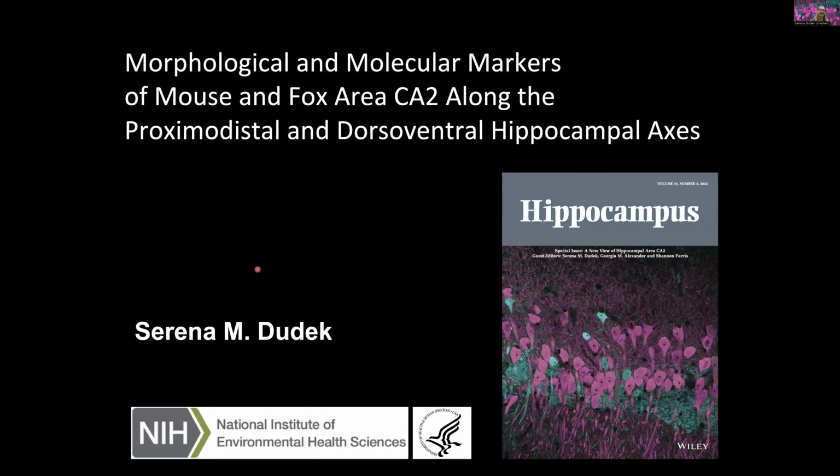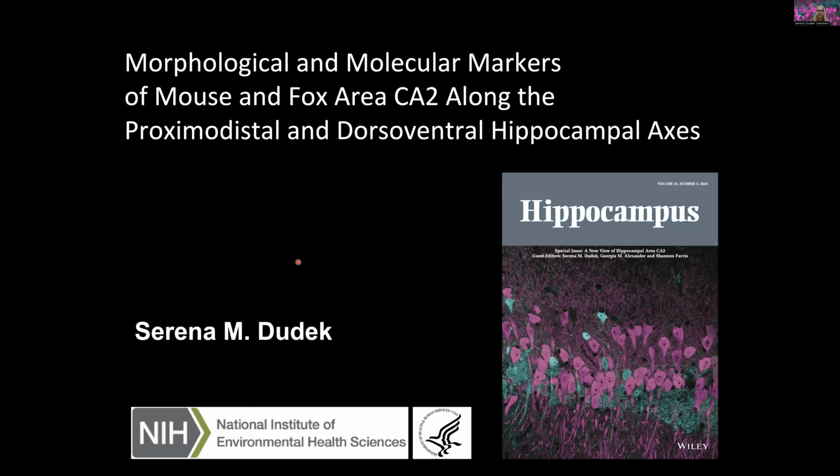Okay, there we go. So we thought this would be a useful exercise because mostly what we see from the Allen Brain Atlas, and Mike Bienkowski will be talking about this a little more, gives the sagittal sections and the coronal sections.